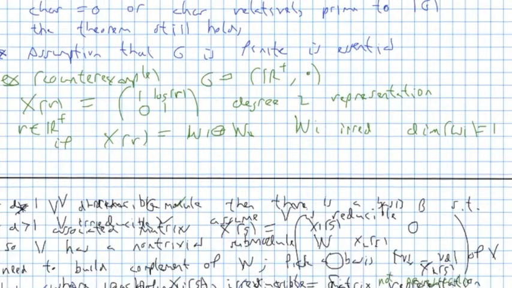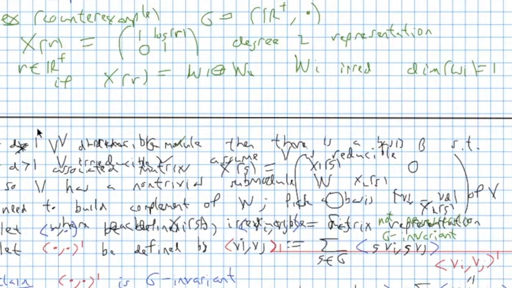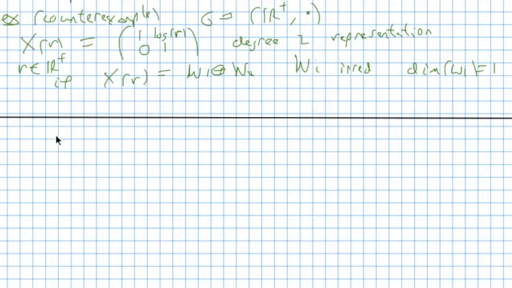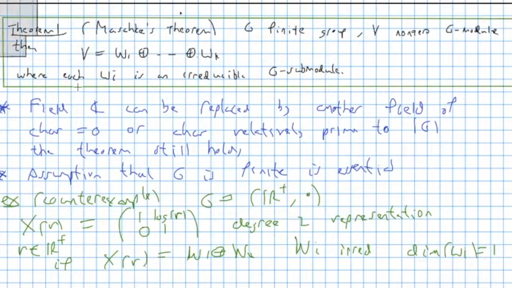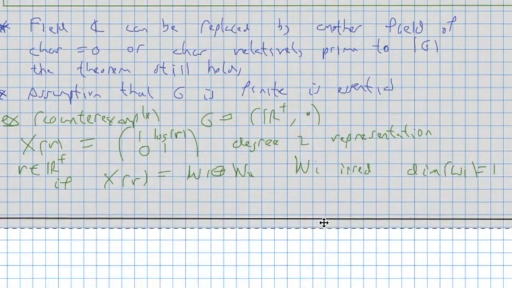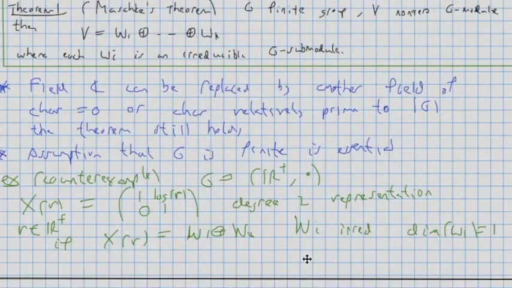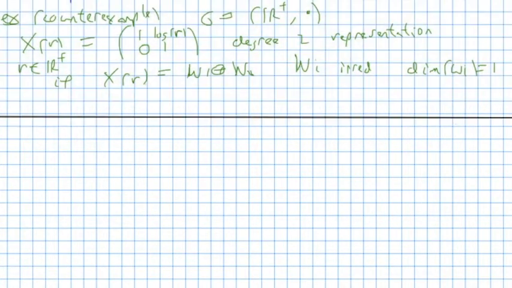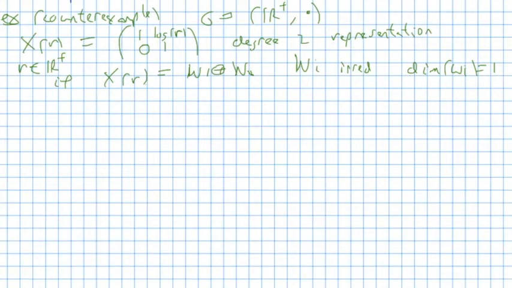That would mean that there exists a 2 by 2 invertible matrix T that diagonalizes X_r for all r.